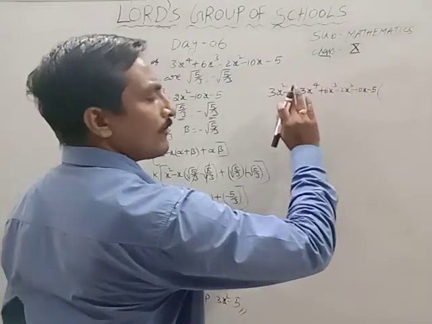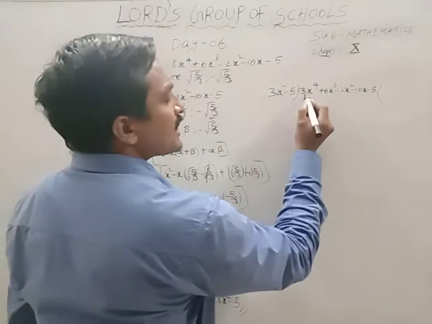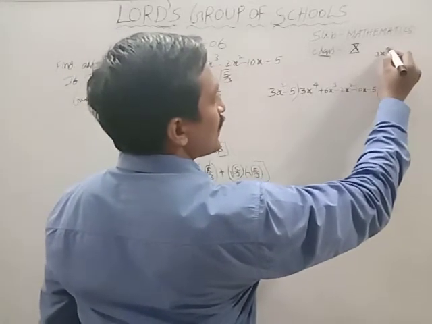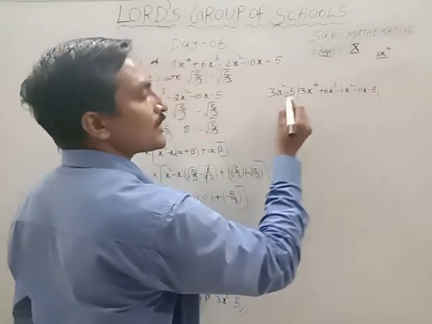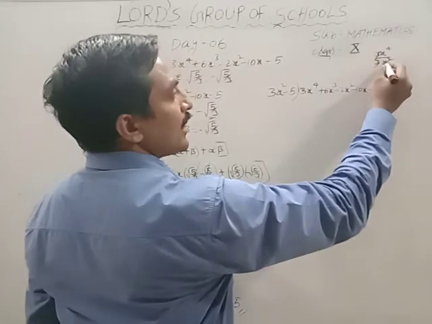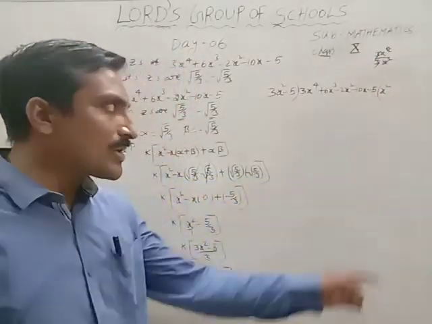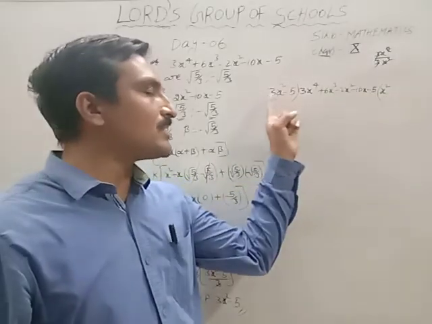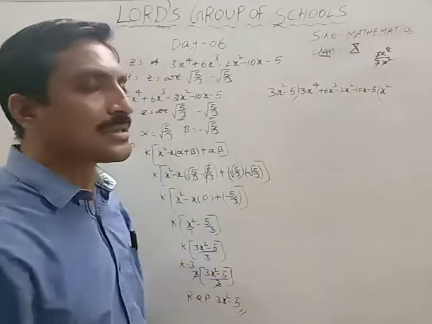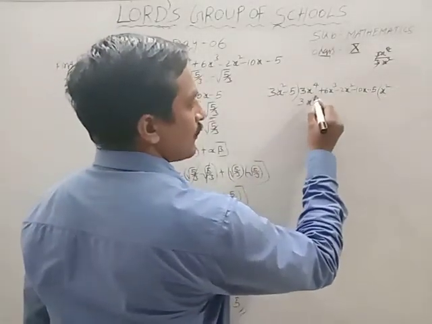4, 3, 2, everything is present, the order is present in the dividend. What is the first term of the dividend? 3x power 4. This is divided by the divisor's first term, 3x square. 3 will be cancelled, x 2 times cancelled means x square. This is multiplied with each and every term of the divisor. X square into 3x square, 3x power 4.